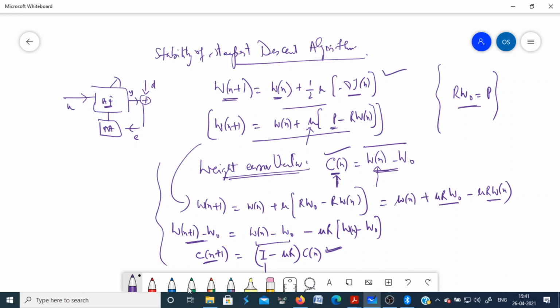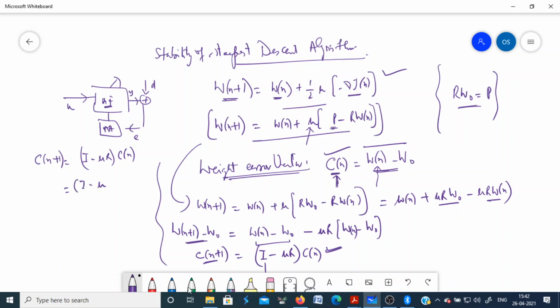So this Cn plus 1, the weight error vector at time n plus 1, is I minus mu R into Cn.